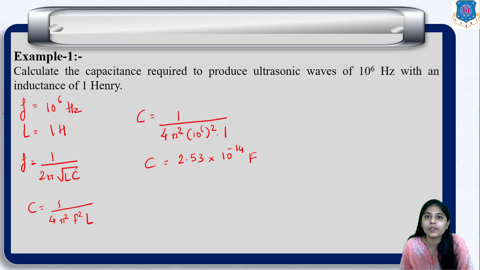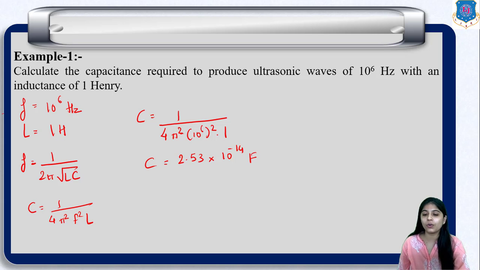Now if you want to write this in picofarad, you can rearrange this power and write the value in terms of 10 raised to minus 12, so it will then be in picofarad. In this way the value of capacitance can be found out.